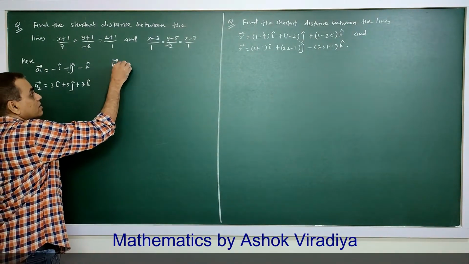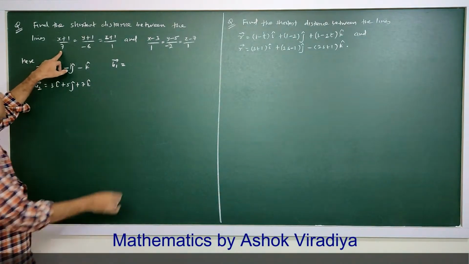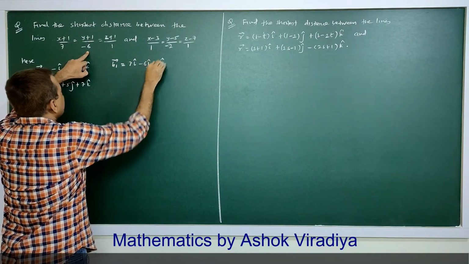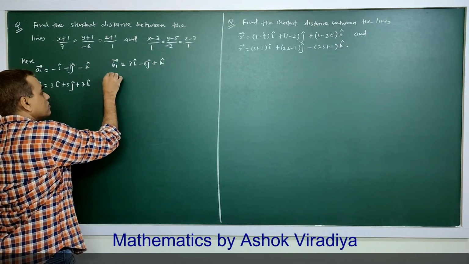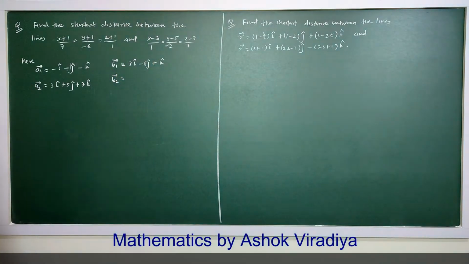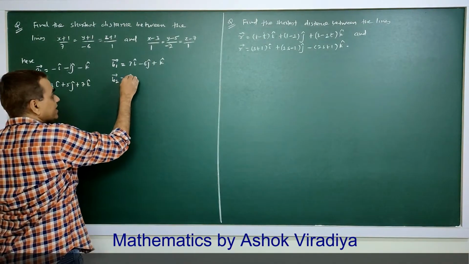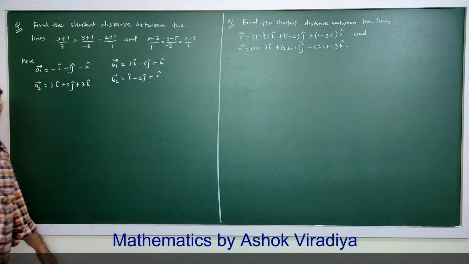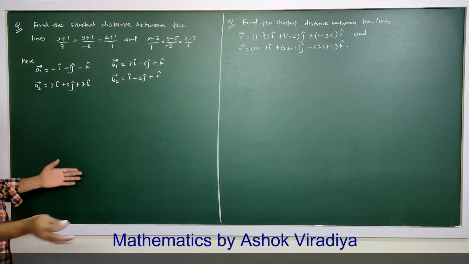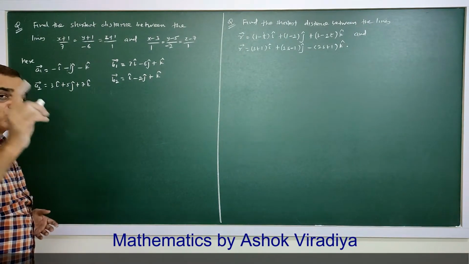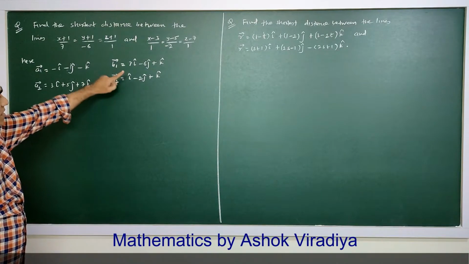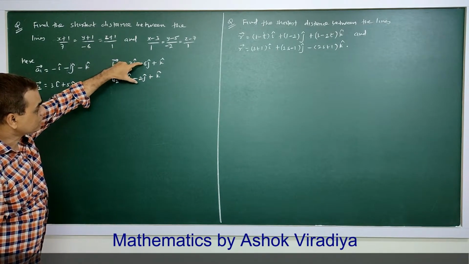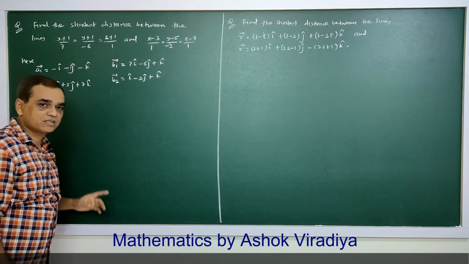Vector b1. b1 is 7i minus 6j plus 1k. Vector b2, that is the direction of the second line, a vector parallel to the second line. So 1i minus 2j plus 1k. Now the method is ditto. But before starting the method, check here: 7 by 1, minus 6 by minus 2. This ratio is 3, this ratio is 7.